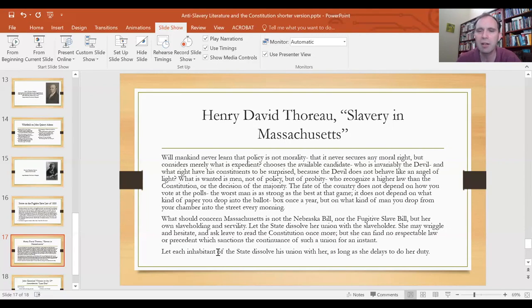So the question of the Constitution, centrally for Thoreau, has to do with the necessity of making moral decisions, making them in line with these principles of liberty and equality that are so central for Abraham Lincoln during the war.